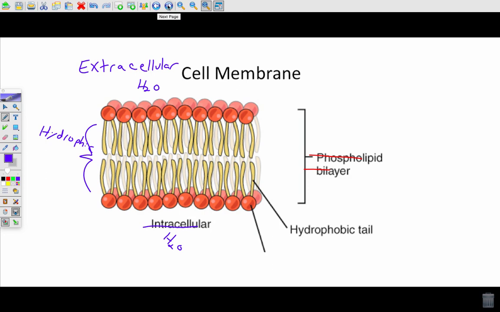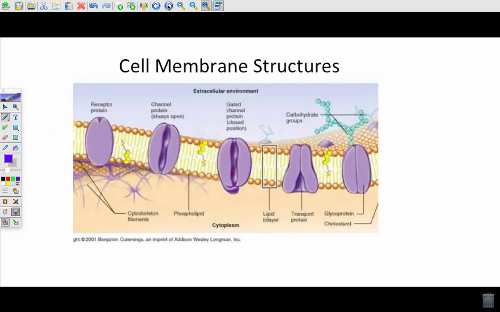But the cell membrane isn't just phospholipids. There's also other stuff in there. So some of the other stuff that's in the cell membrane are things like cholesterol. So here's some cholesterol.